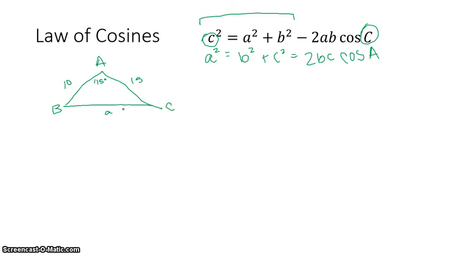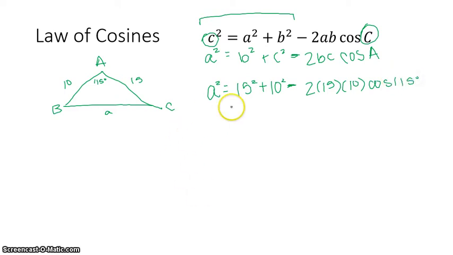Okay, so the only angle I know is angle A, so I'm actually going to set this up with angle A and trying to find side A. So B is going to be 15, so I have 15 squared plus 10 squared, oh, that's just a squared, minus 2 times 15 times 10 times cosine of 115 degrees.